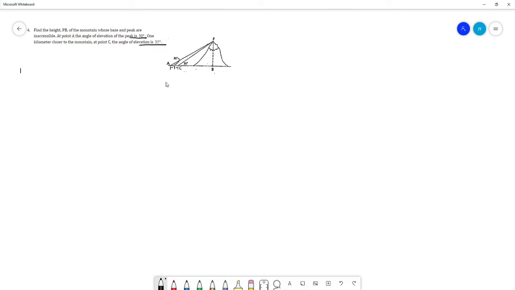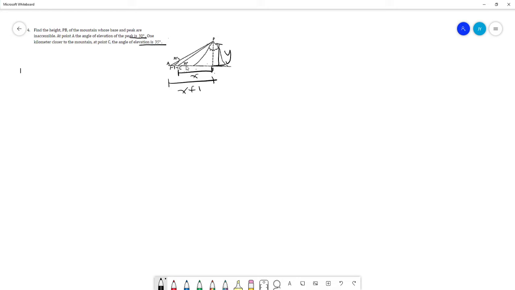But first of all, let's make sure we classify our variables. We're going to label this x, and then we're going to label this y. And we know this outer side is simply x plus 1, because the only difference between the two is that this is 1 kilometer apart from x, from this angle.